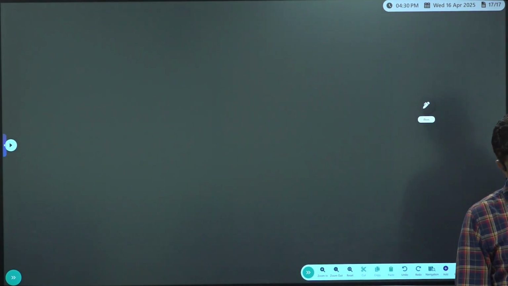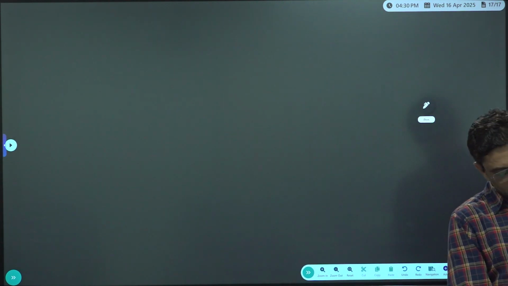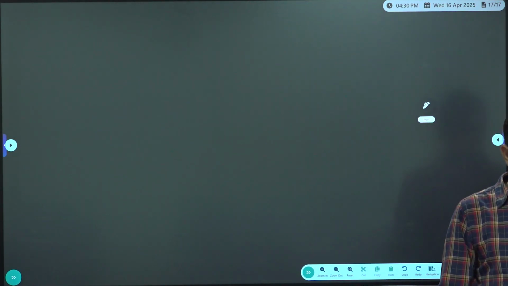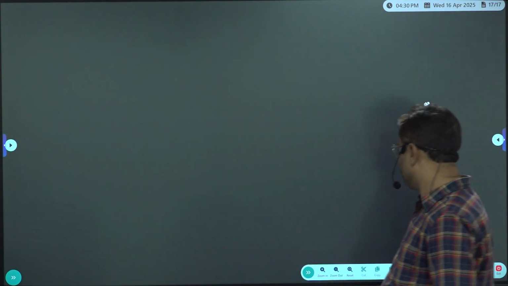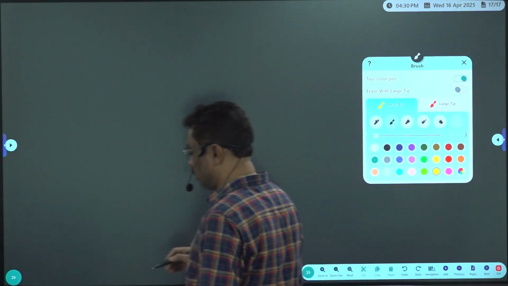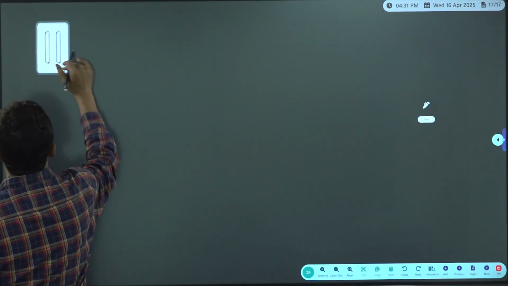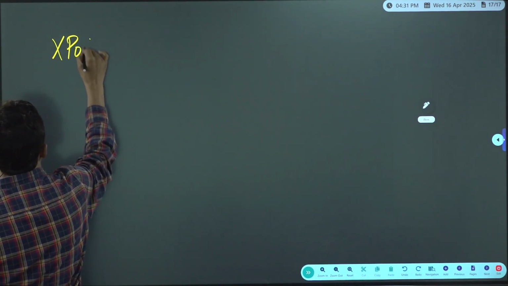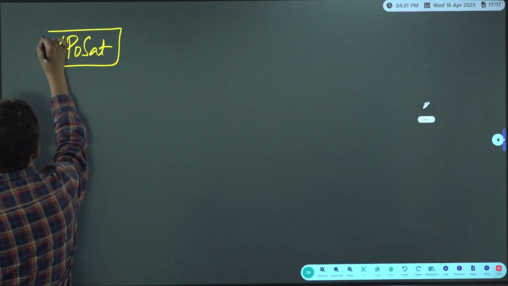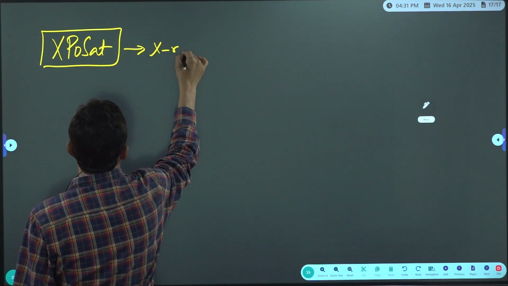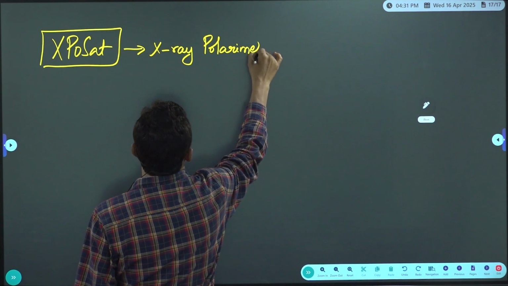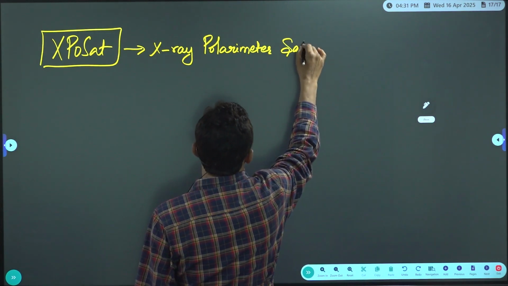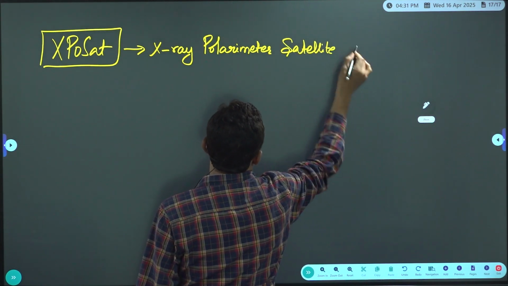XPoSat. It is the X-ray polarimeter satellite.